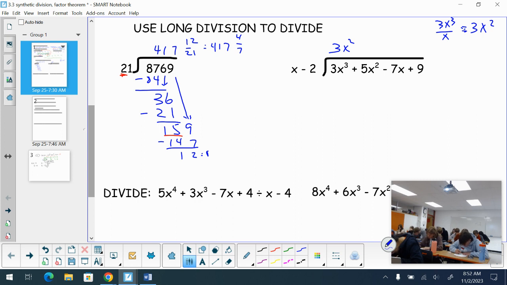You should get a 3x cubed and a minus 6x squared. Just like we did the 4 times the 2, 4 times the 1, we have the 3x squared times the x and times the negative 2. We follow the same process we just did over to the left.